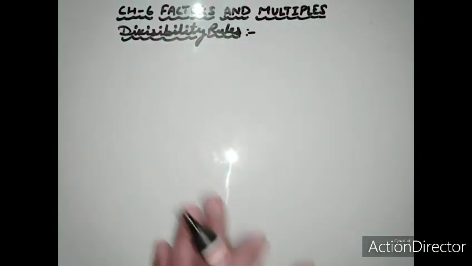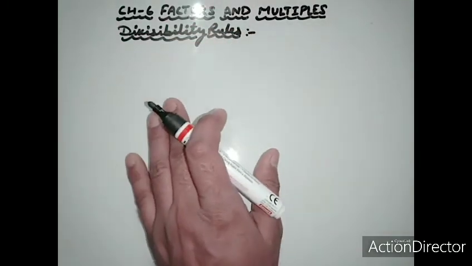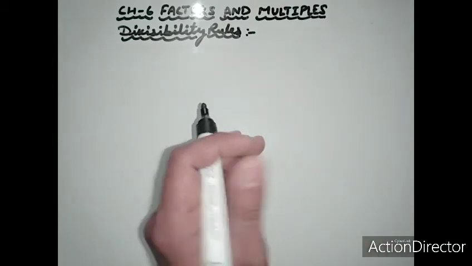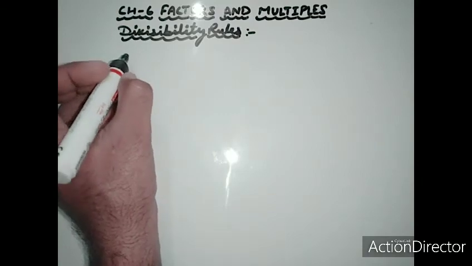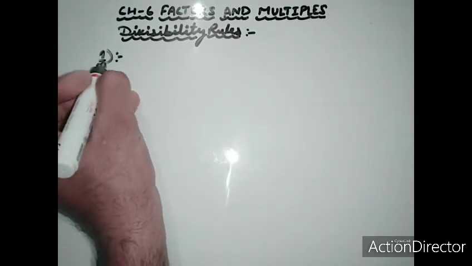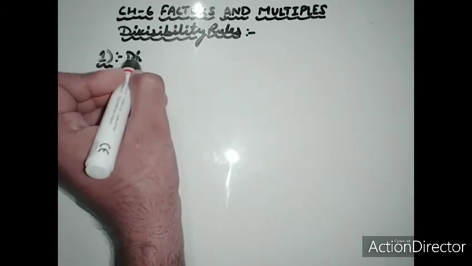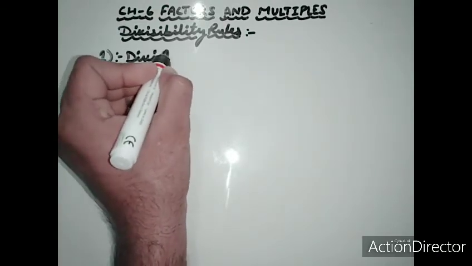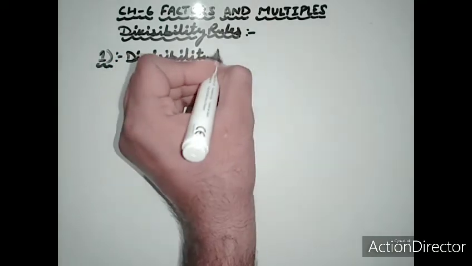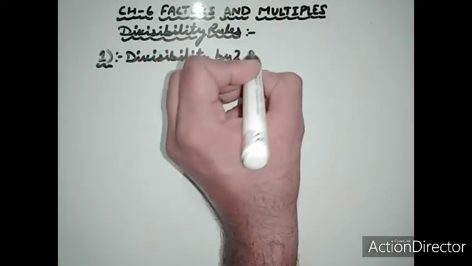Okay, so with the help of these divisibility rules, we check whether a number is divisible by the given number or not, right? So the first rule is to check divisibility by 2.